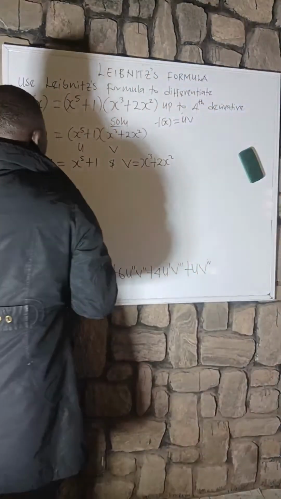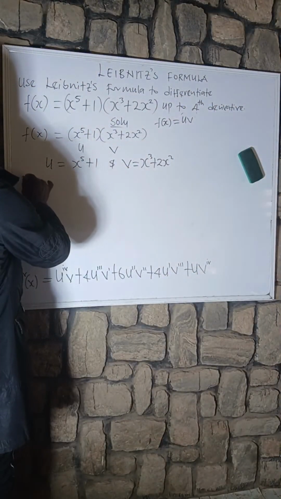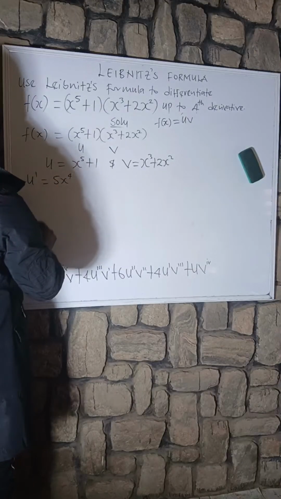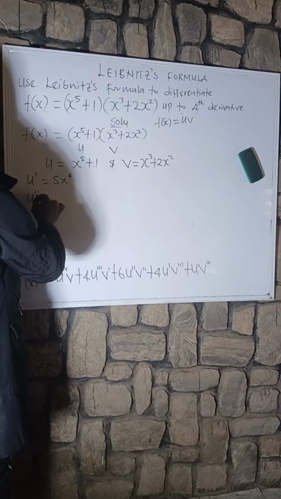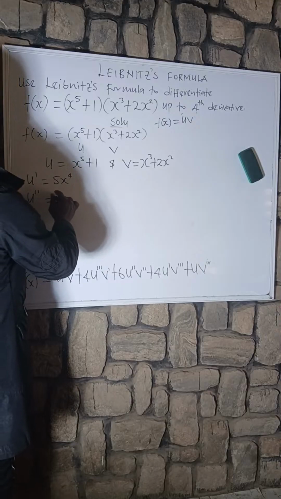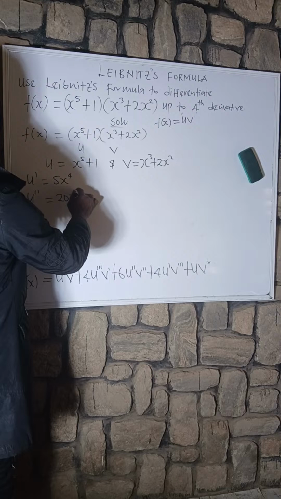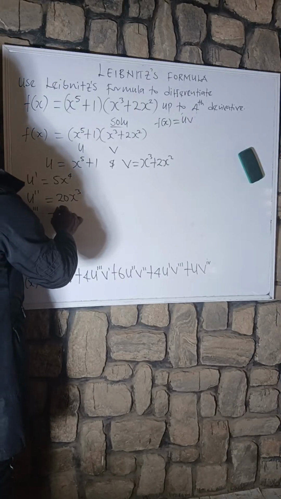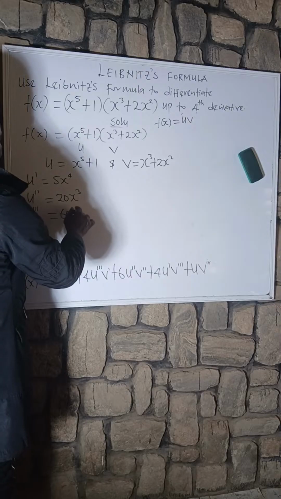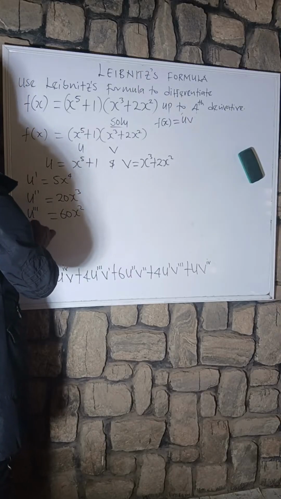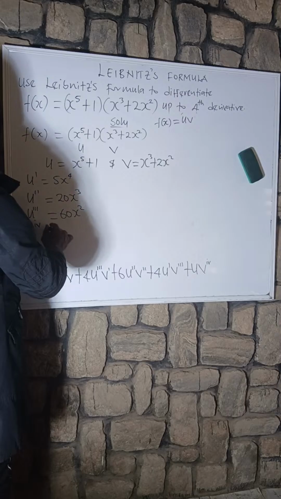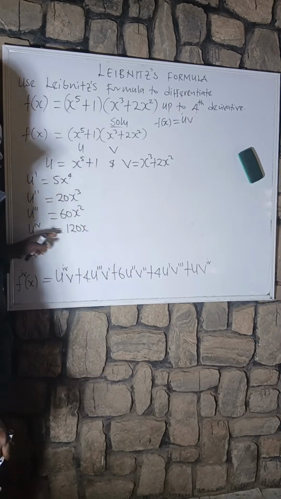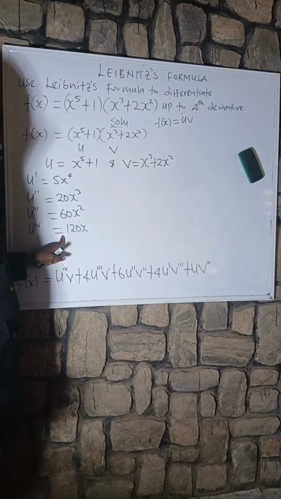So now what we need to do is, u prime, we are going to have 5x raised to the power 4. U double prime, we are going to have 20x raised to the power 3. U triple prime, we have 60x raised to the power 2. Then u^(iv), we are going to have 120x. True or false?